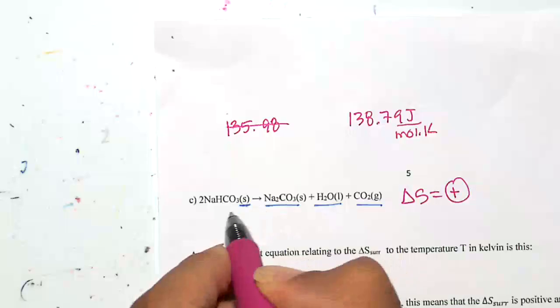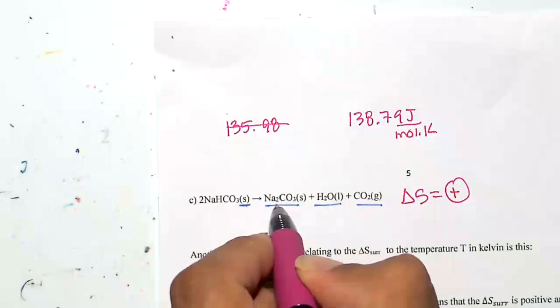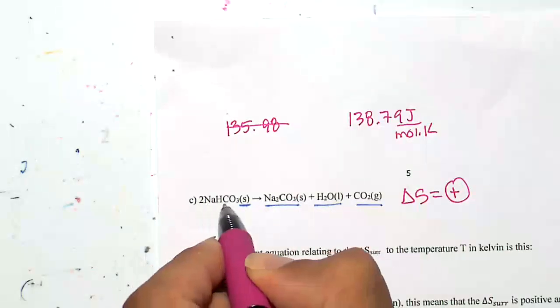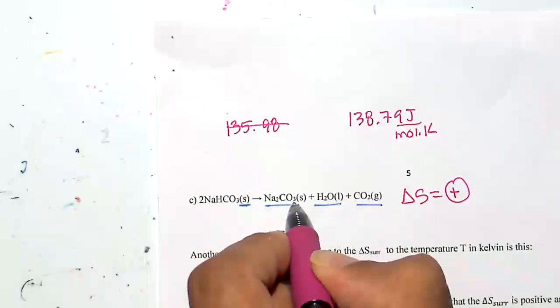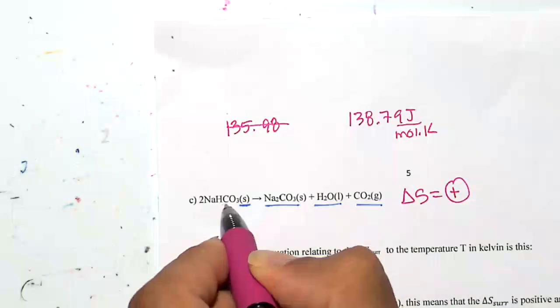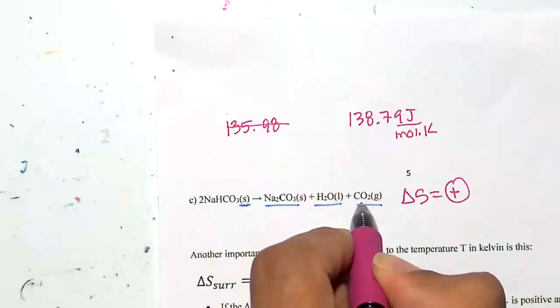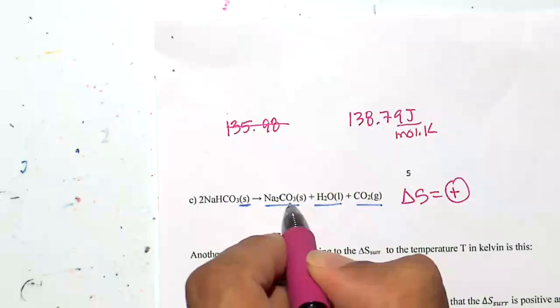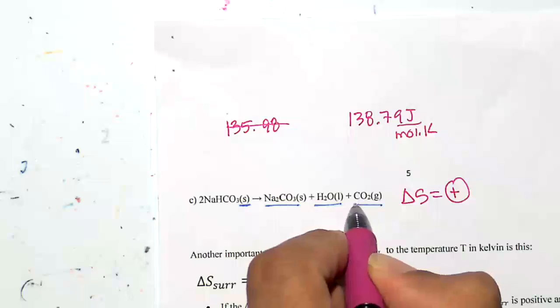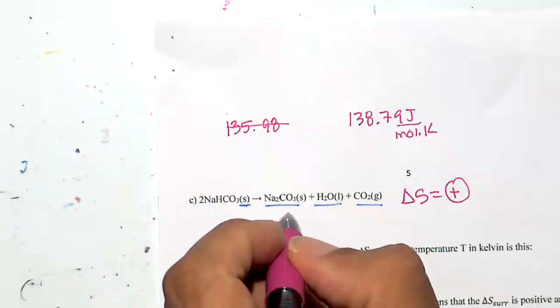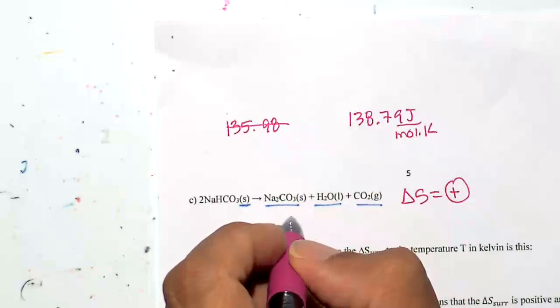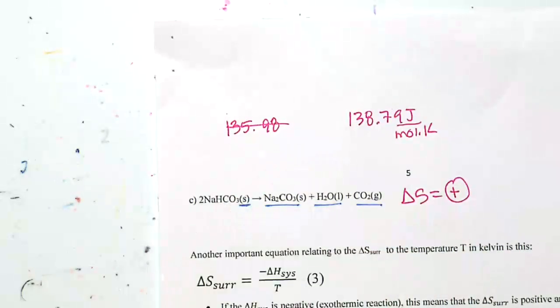Okay. Is this balanced? 2 Na, 2 Na, 2 carbons, 2 carbons, and 2 H's, 2 H's, 2, 3 hydrogen, 6. Yeah, 6. It's balanced, yeah. Okay. So Na2CO3, you got it as 138.79.